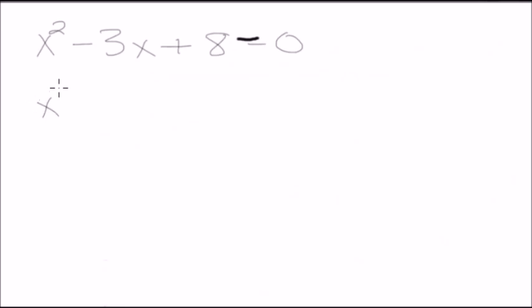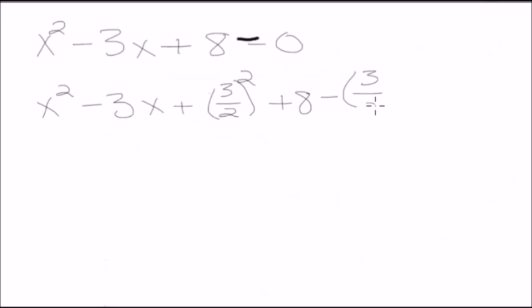So I take x squared minus 3x plus, and I need to take this coefficient over 2 squared, so that would be quantity negative 3 over 2 squared, and for simplicity I leave off the negative sign because it'll wash out in the square. I need to keep my original constant, and I need to keep the equation the same as it was before by subtracting 3 over 2 squared from the entire expression. And with that in mind, this entire expression is still equal to 0.